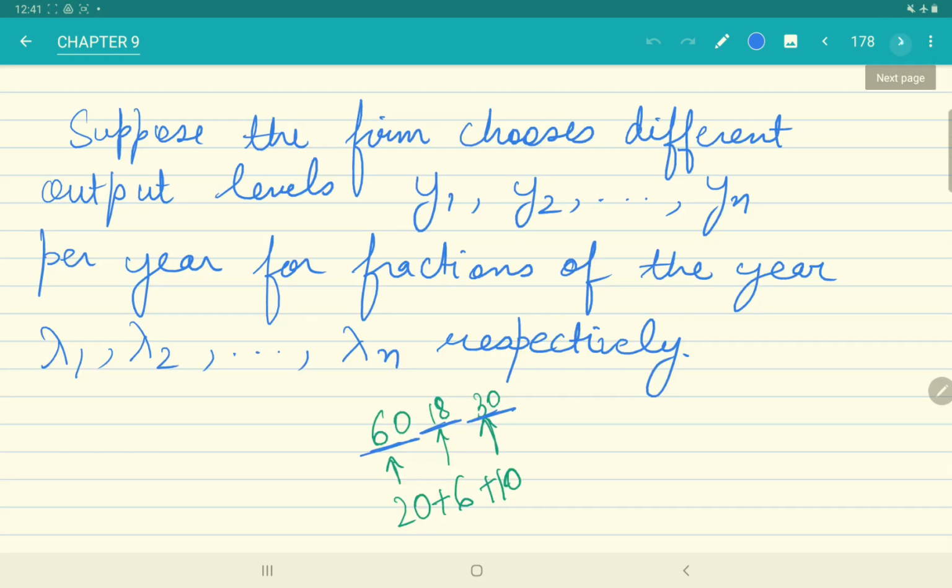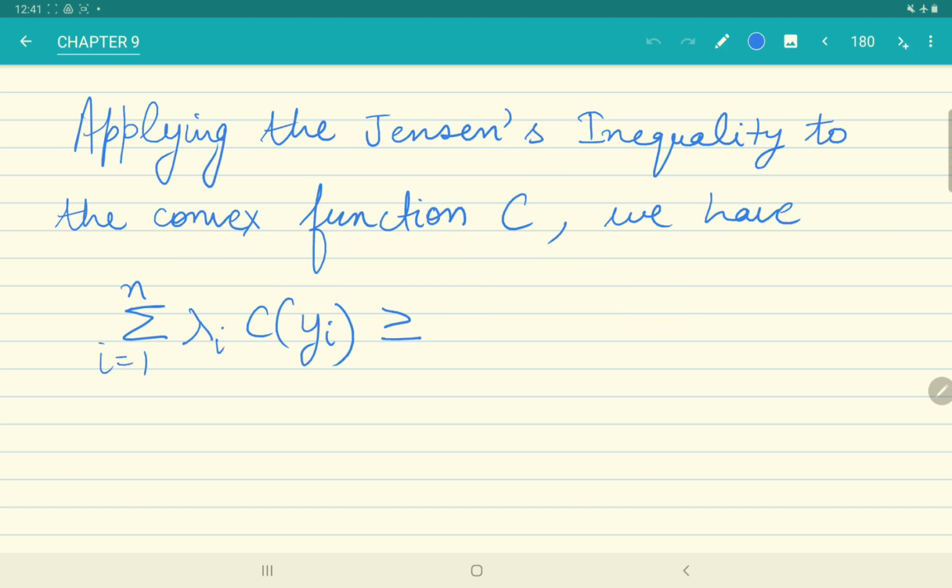So that means I can now write greater than equal to c of lambda 1 y1 plus lambda 2 y2 till lambda n yn. So this is going to be equal to summation lambda i yi, i varying from 1 till n.